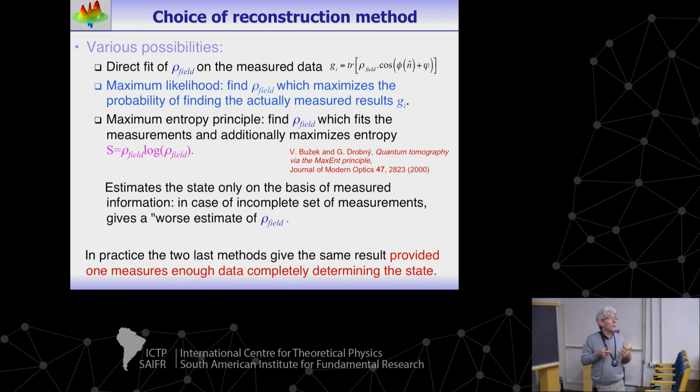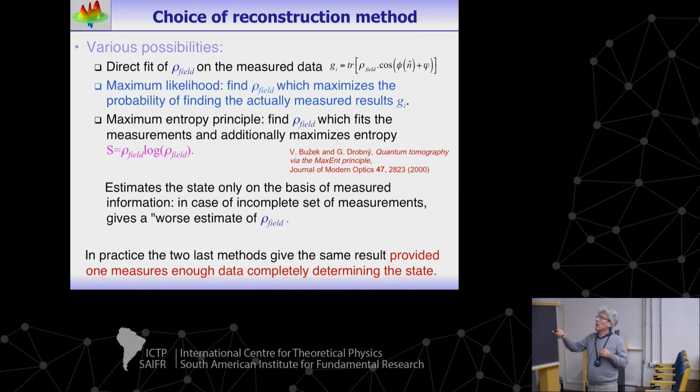So it's kind of a worst case estimate. In our case, the number of measurements is large enough that we completely determine the density operator. And then the two methods, maximum likelihood and maximum entropy principle, are equivalent.